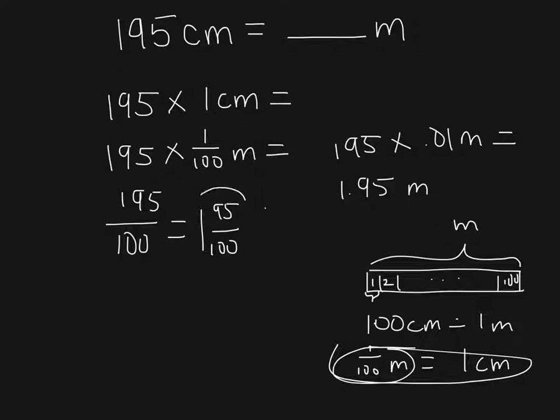And this is written like this when we write it as a decimal. 1 95 hundredths, we say them both exactly the same way, 1 95 hundredths of a meter.